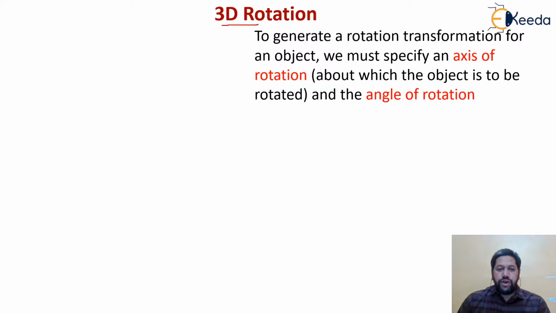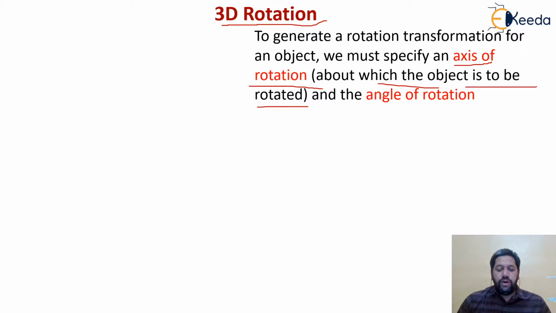Now for 3D rotation, to generate a rotation transformation for an object, we must specify an axis of rotation. Okay, so I must specify that I want to rotate about the x-axis, I want to rotate about the y-axis. Okay, that is about which the object is to be rotated.